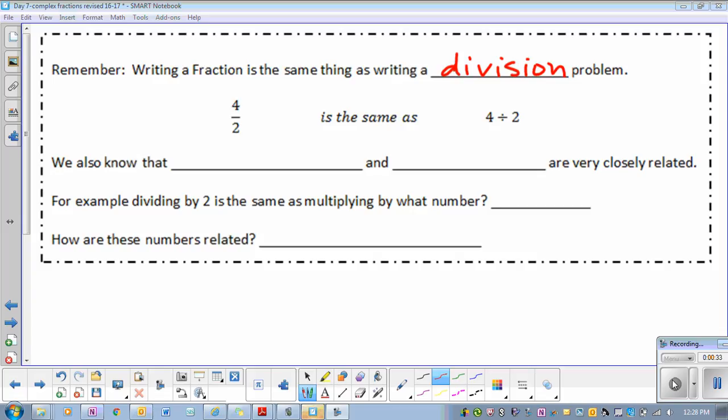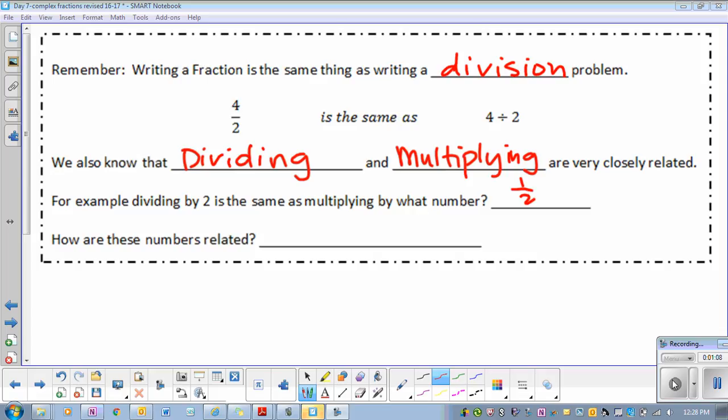And we also know that dividing and multiplying are very closely related when we talk about fractions. For example, dividing by 2 is the same as multiplying by what? Yeah, it's the same as multiplying by 1/2, right?